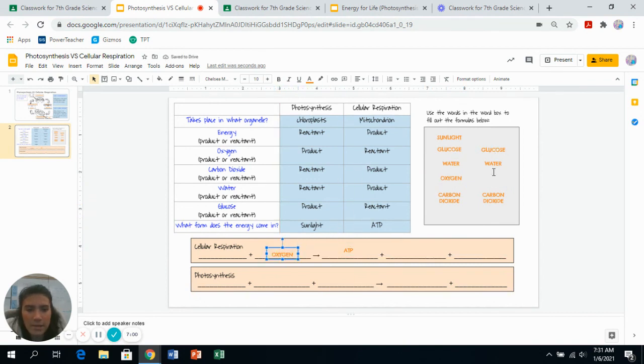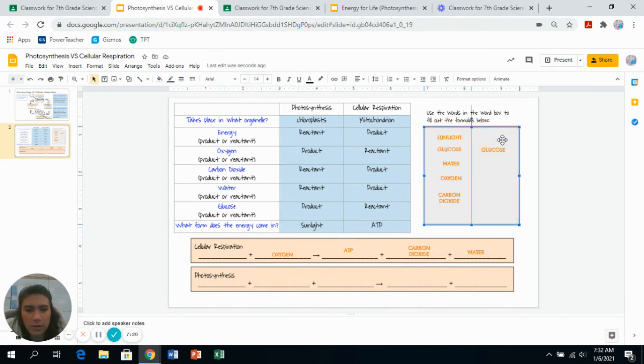Product is going to be carbon dioxide. So we're going to take it and put it over by our ATP because that is what we expel. And then we also have our water, which is what we expel as well. And then our glucose is a reactant. So it's going to go over here with what we take in with our oxygen.